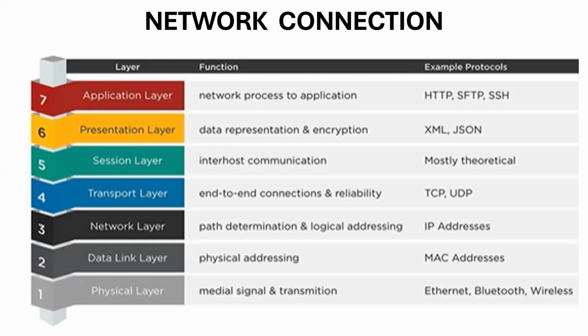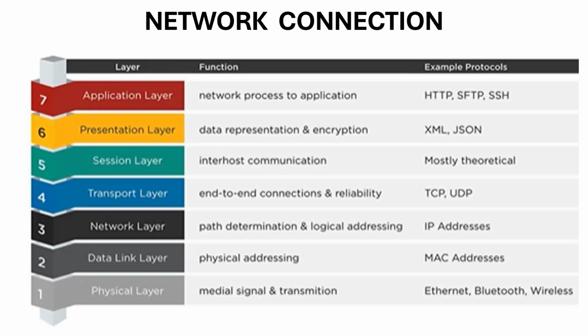Then you have the network layer, which determines the logical addressing and the path each one will follow. At this point, you talk about the IP address system. If you have 10 computers, you have to give each one an IP address. Sometimes you allow them to automatically determine their IP addresses, but it's safer to assign IP addresses. So it depends on your choice.